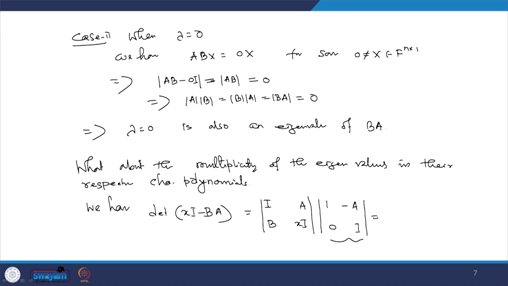So, without loss of generality, one can write the determinant of xI minus BA equal to this quantity. If I simplify, it is the determinant of I, then minus A, and plus A. Then again, the (2,1) entry will be this row multiplied by this column, so it will be B, and this is equal to AB, BA, this will be minus BA and plus x times I. This is simple matrix multiplication of the two matrices, that is all.